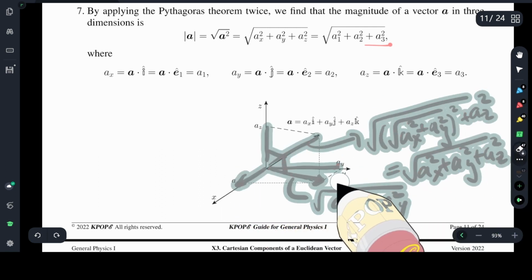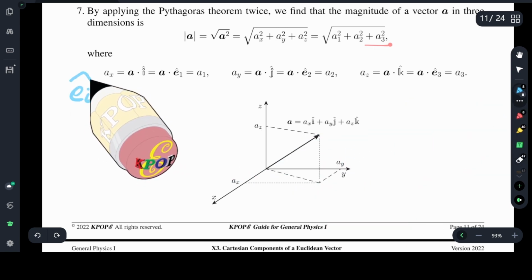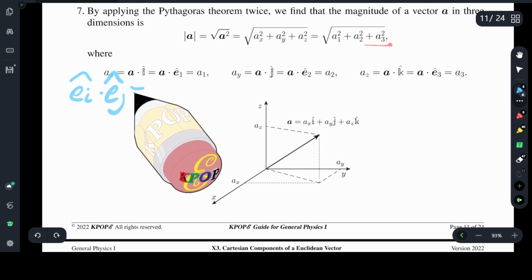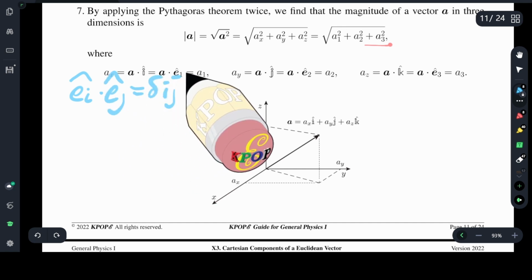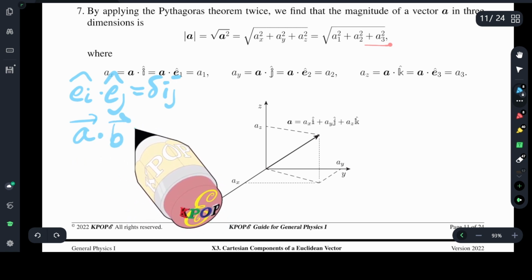This compact relation is due to the orthogonality: ei hat dot ej hat equals delta ij. For example, A dot B can also be computed.